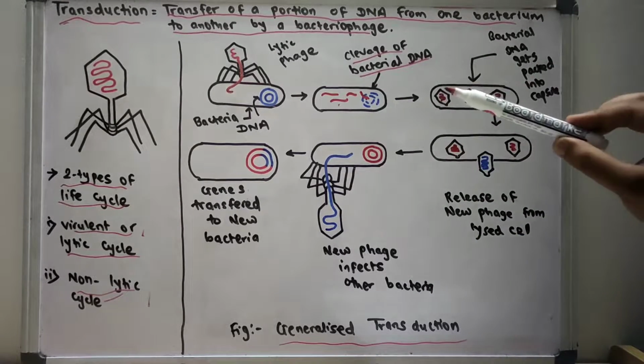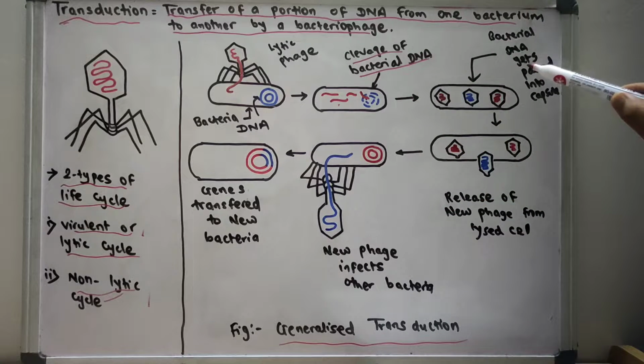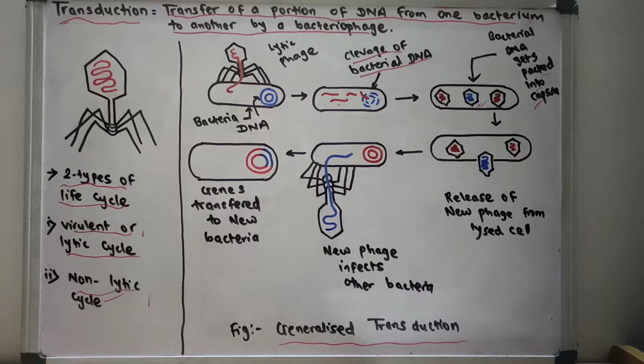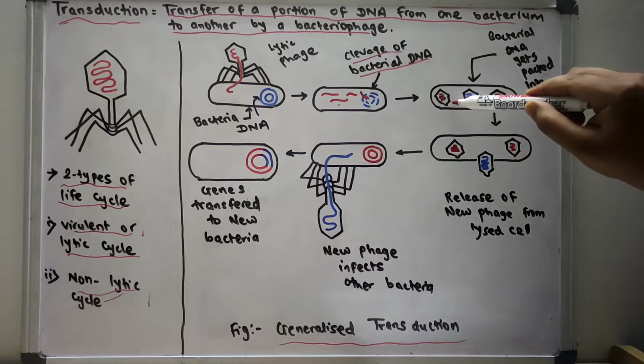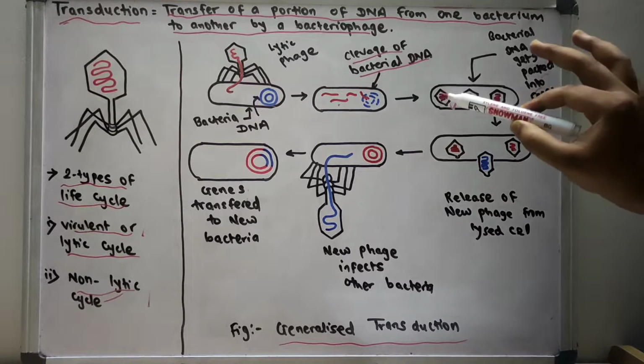After the cleavage of the bacterial DNA, the bacterial DNA gets packed into the capsules of the bacteriophage, whereas the bacteriophage DNA also gets packed into the capsules of the bacteriophage. There are many capsules.